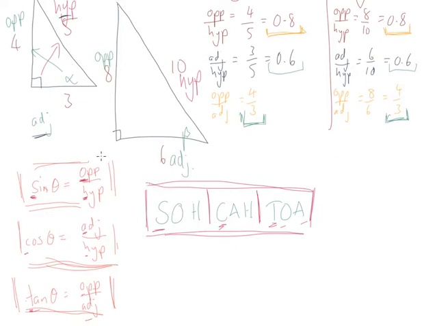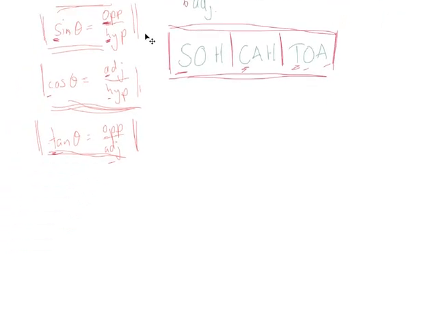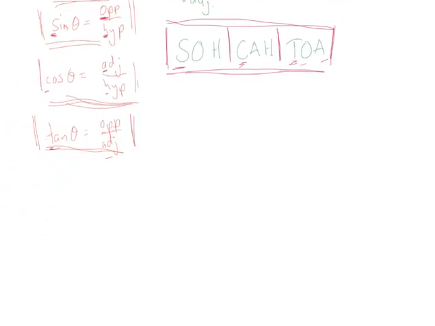Okay. In terms of looking at a question or two, setting up, say I have this triangle here, and I want to find x, and this side is 3, and this angle here is 60 degrees.